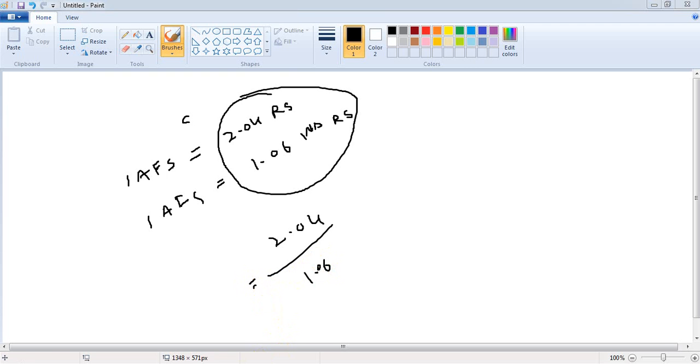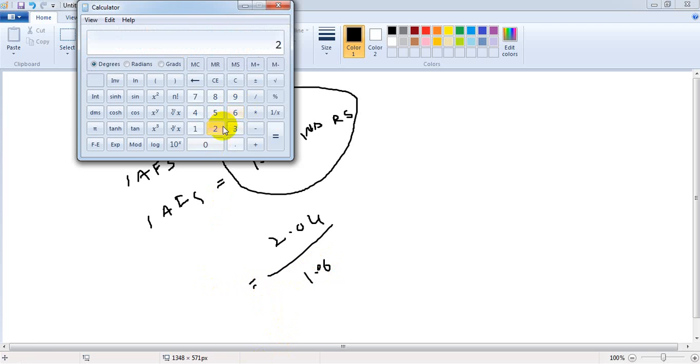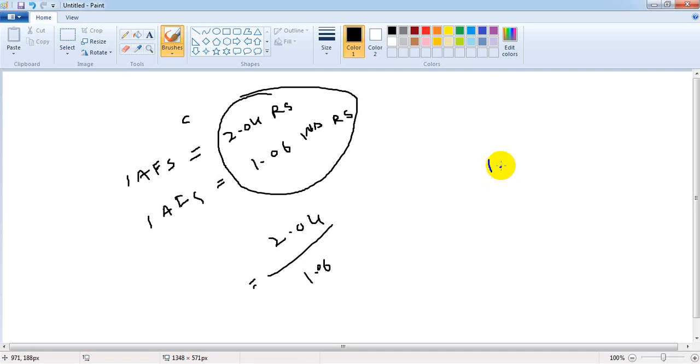So 2.04 divided by 1.06, we will get 1.92. It means 1 Indian rupee is equal to 1.92 rupees.